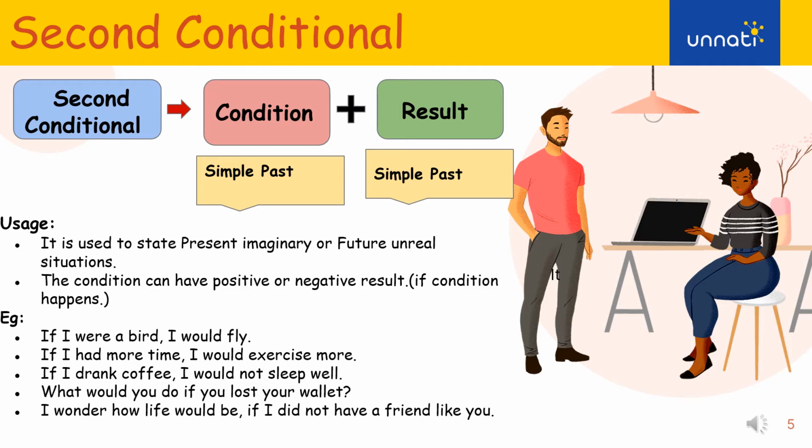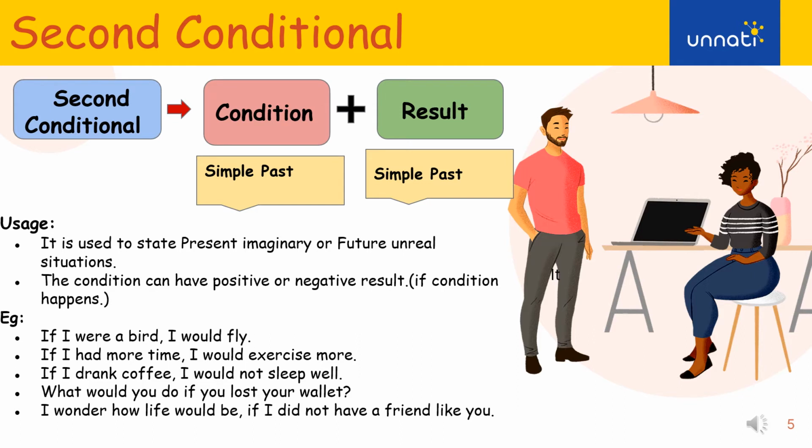Now, in second conditional, the condition can have a positive or negative result if the condition happens. Like, for example, we look at the third example here. If I drank coffee, I would not sleep well.